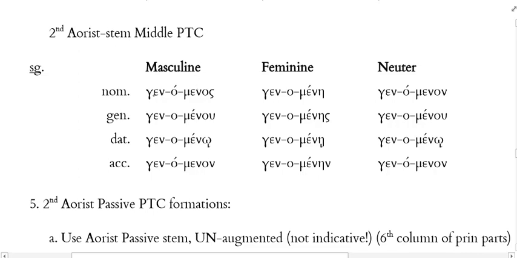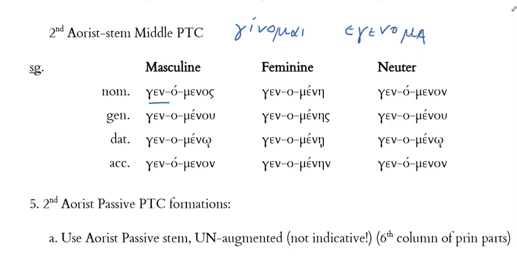All right, now we also have second aorist-stemmed middle participles. These are going to use the second aorist stem, like genomai becomes gen. So let's just jot that down. Genomai is our lexical form. The second aorist middle is egenomen. All right, that should be an eta there. Egenomen. So look at what we have here.